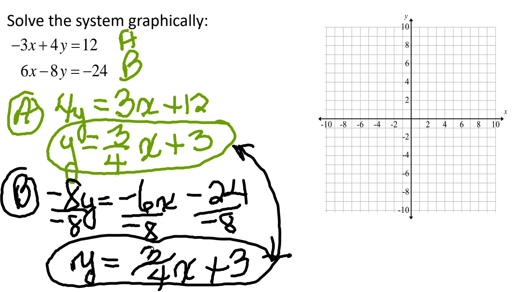which means I'm really drawing from this dot, which is 0, 3, my y-intercept. I'm going up 3, 1, 2, 3, 4, right here.